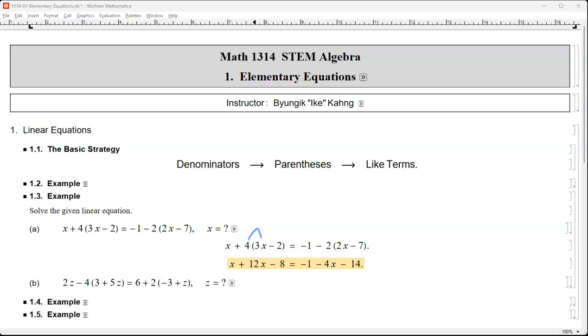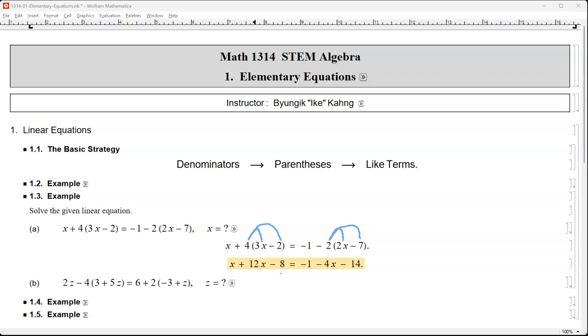So distribute 4 times 3, 4 times 2, so 12, 8. Yeah, that's what I did. And then here, 2 times 2, 4, 2 times 7, 14. So basically that's what I did.